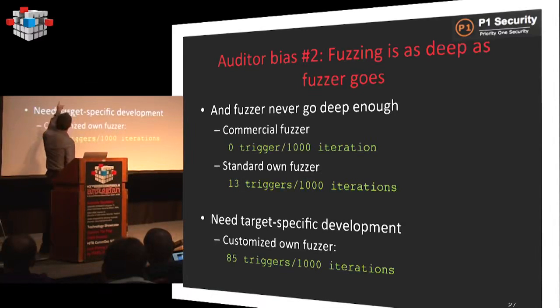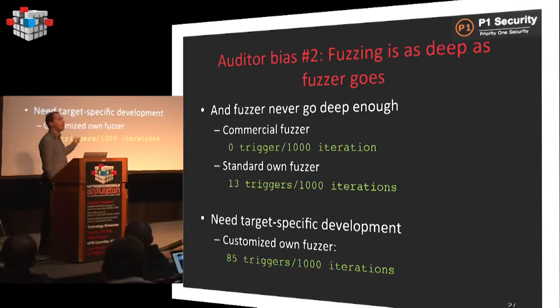And what happened is we went from 0 triggers on only 1,000 iterations. Okay, nobody does 1,000 iterations in client-side Windows-based fuzzing farms. We are talking of billions of iterations.